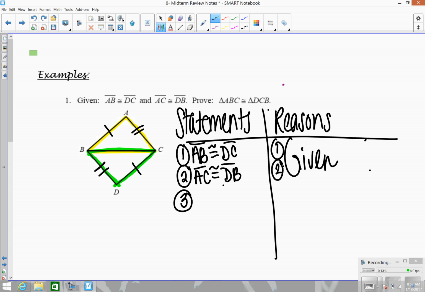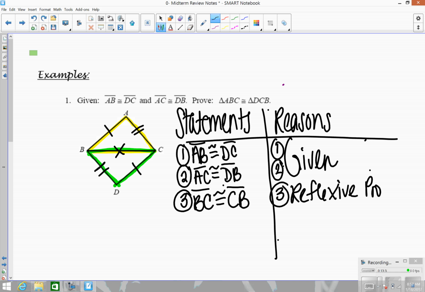But if I look at the diagram, I have this shared side, so I can mark that. So BC is congruent to CB, and that's by the reflexive property. So it's shared. And then from there, I have enough information to say that the 2 triangles are congruent by side, side, side, because I have all 3 sets of sides.